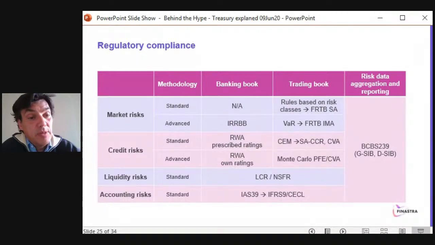It has been put in place starting in 2015, and now you can find it in every country in the world. The NSFR, net stable funding ratio, has a slightly longer horizon. The first one, LCR, is 30 days. The net stable funding ratio has a 1-year horizon. It looks at all the inflows and outflows at the treasury level, and it imposes to match them in terms of maturity.